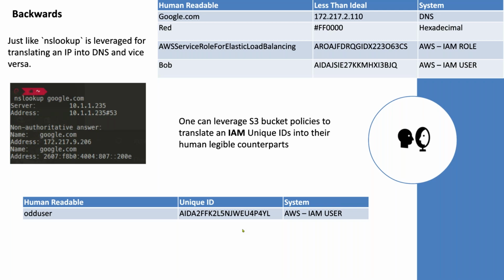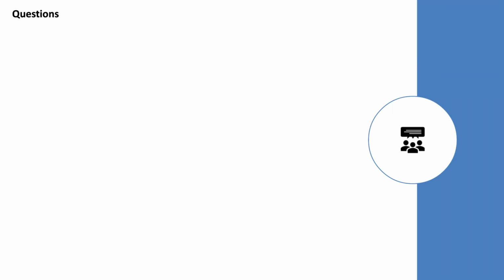Well, this, ladies and gentlemen, would allow you to translate that capability. You could look at the resource policy and see what actions and capabilities they have. But at least in this way, you're able to translate very quickly who is doing what. And so with that, we can turn it over to some questions.